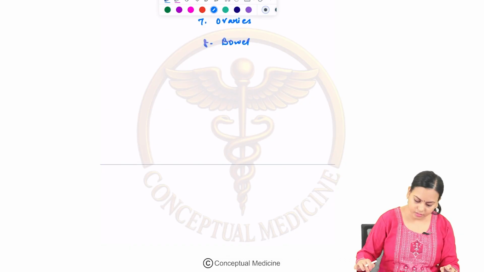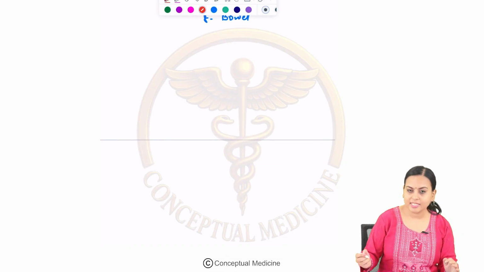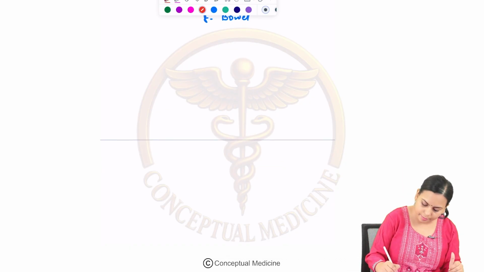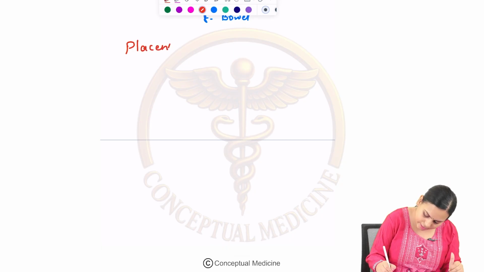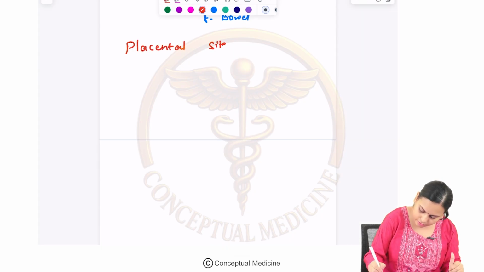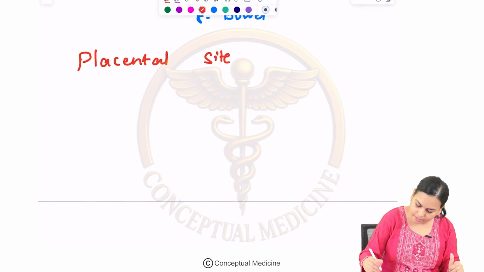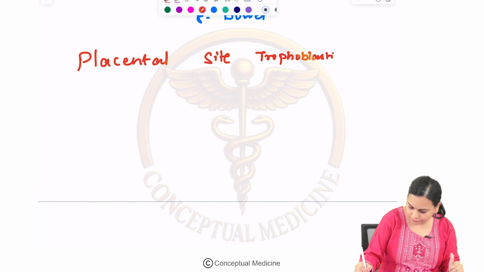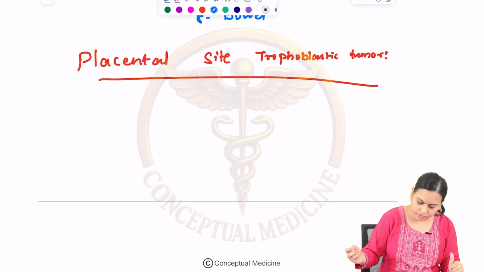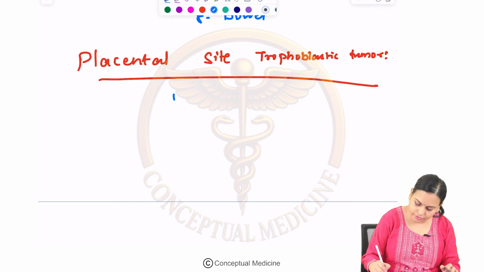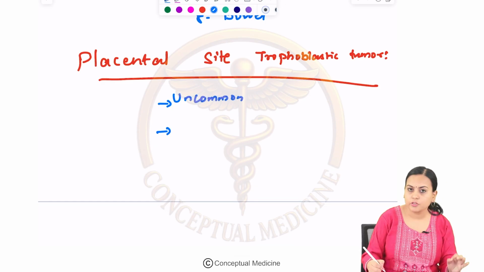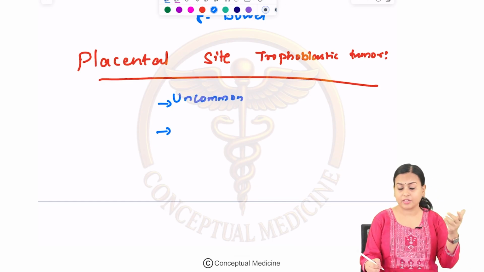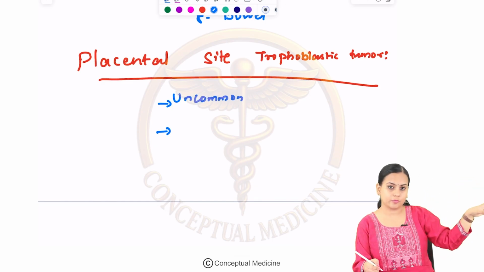Clear? Right. Now, the next category we are going to discuss is placental site trophoblastic tumor. This tumor is one of the uncommon tumors and it usually arises from the placental site where the placental site of attachment was present.